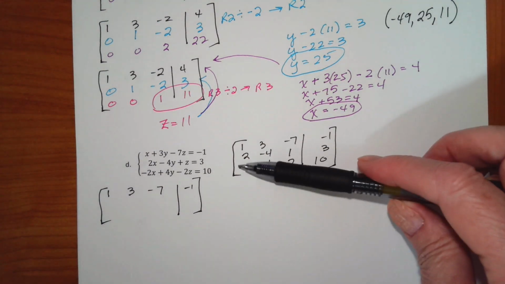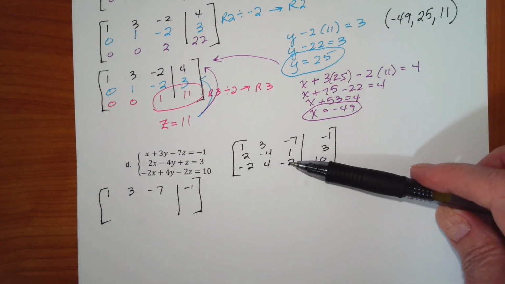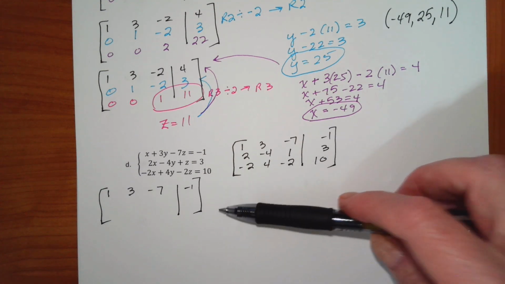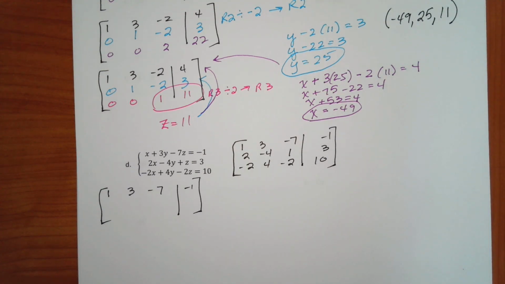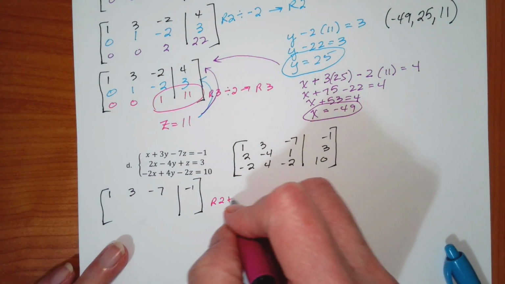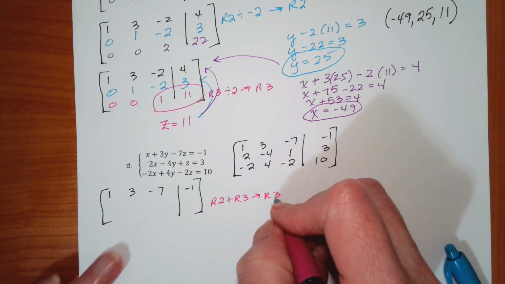Okay, well, just by looking at this, I can do a couple of things. If I add these together, I get a 0 and a 0, which is what I want. And so that can easily go into R3. So I am going to take R2 plus R3 and put it into R3.